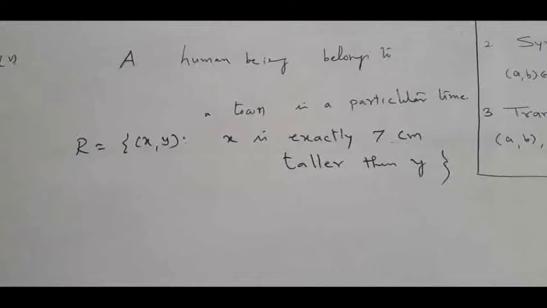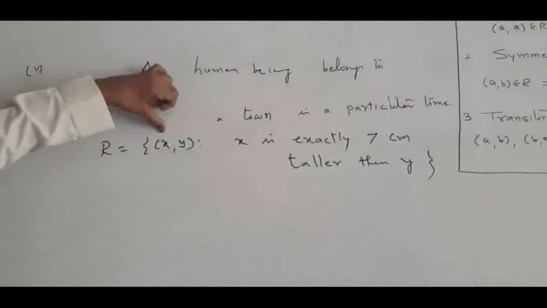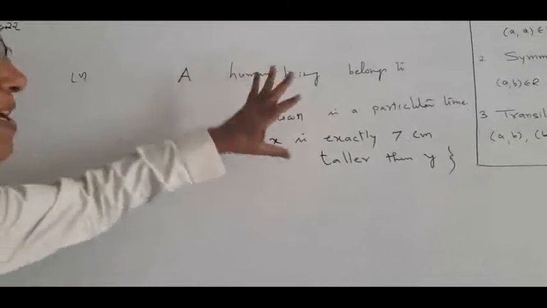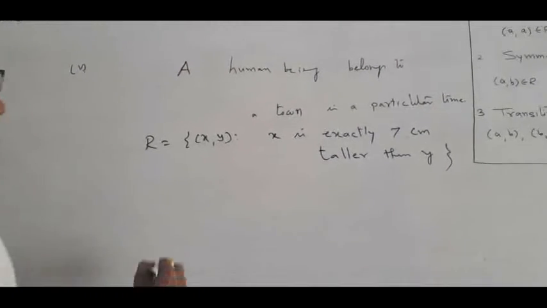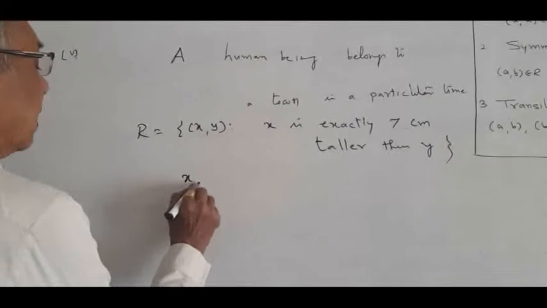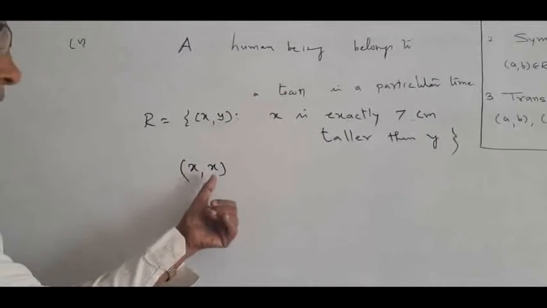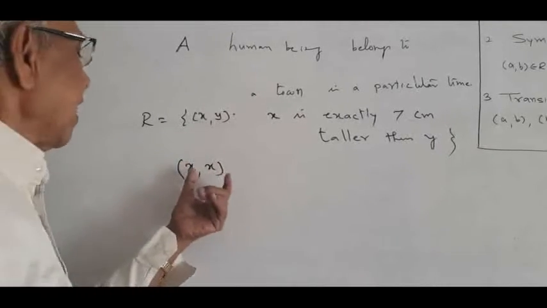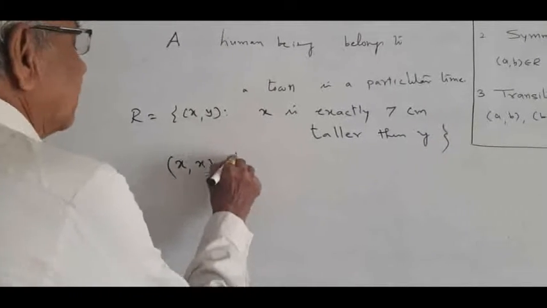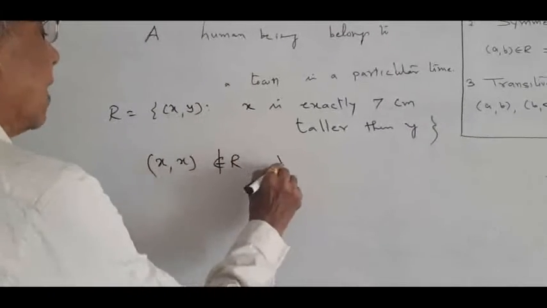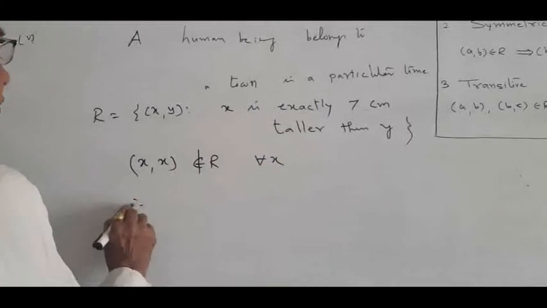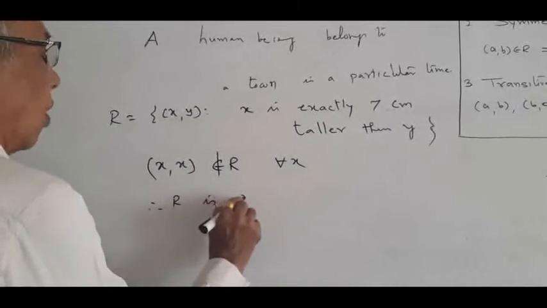When (x, y) belongs to R, means x is taller than y by 7 centimeter, then naturally x is not taller than x. x is not taller than x, means (x, x) does not belong to R for every x. Therefore, R is not reflexive.